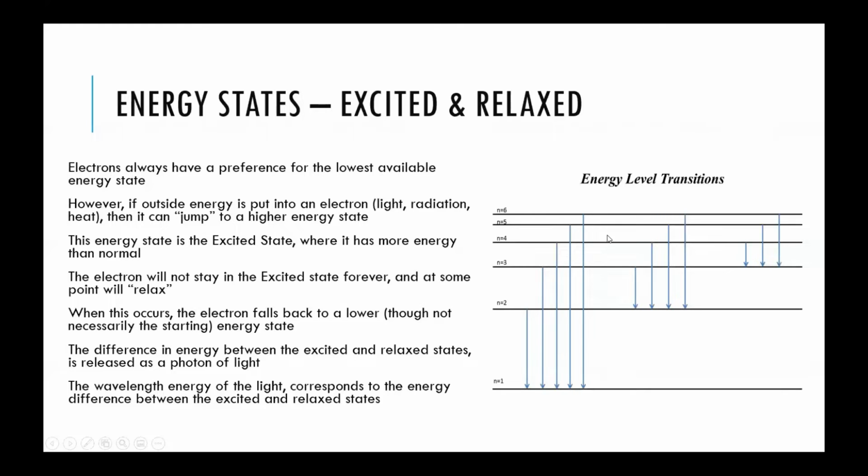So if an electron is at an energy level of, let's say, 4, it can relax down to an energy level of 3 for one set amount of energy, an energy level of 2, or an energy level of 1.